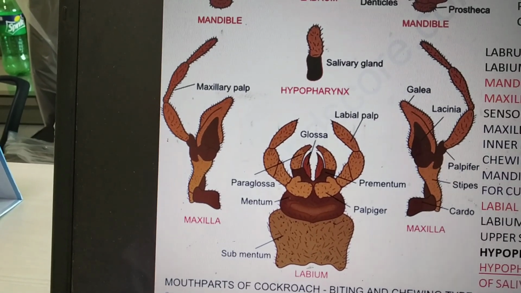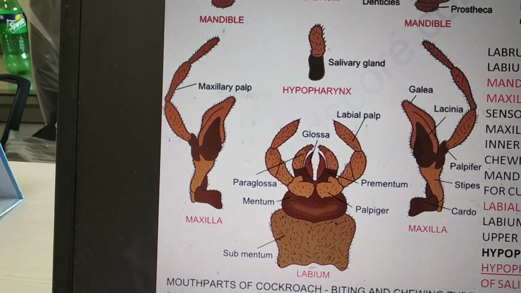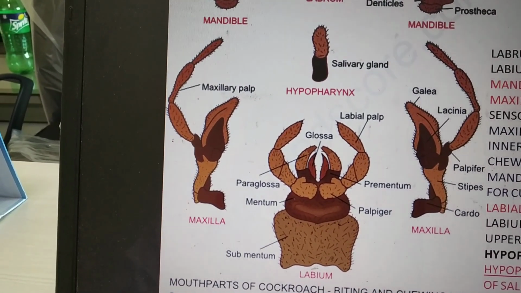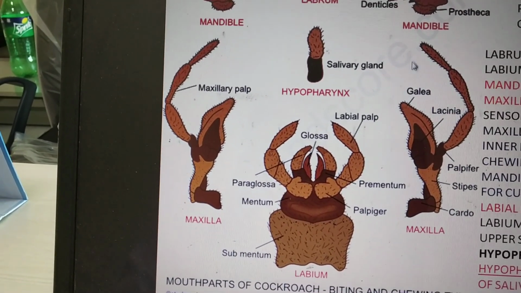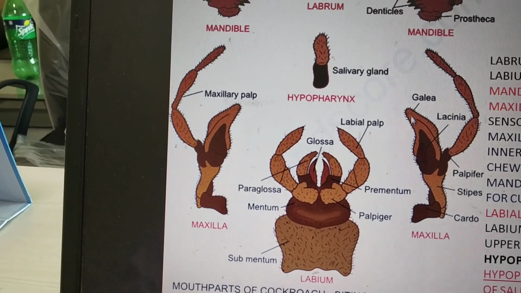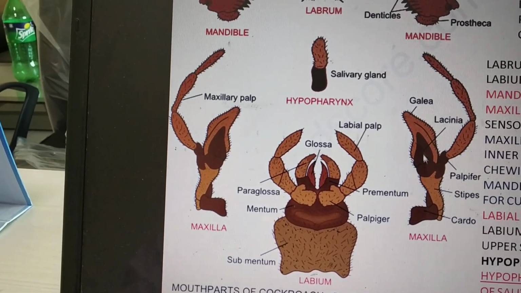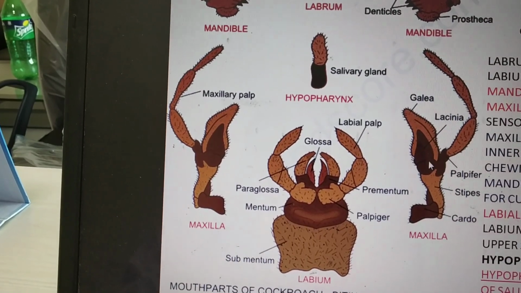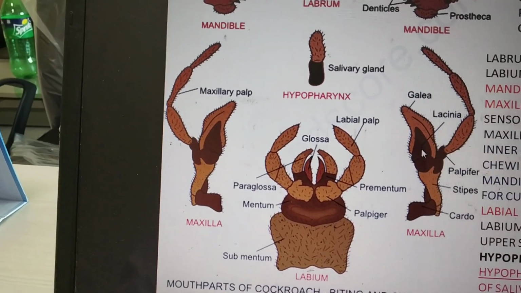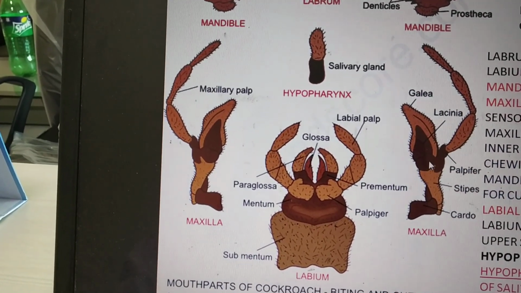Now these maxillae are meant for biting. If you see the maxilla on its inner surface, it has an inner hard structure, this dark brown structure. This is called the lacinia. This lacinia is meant for cutting or biting.